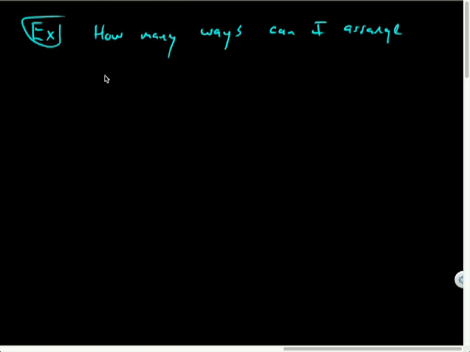Let's say I've got 6 beads on a bracelet. All right, and we'll assume that this bracelet has no clasp, it's indistinguishable, right? There's no knot in it, all right? So I'll just say with no clasp.